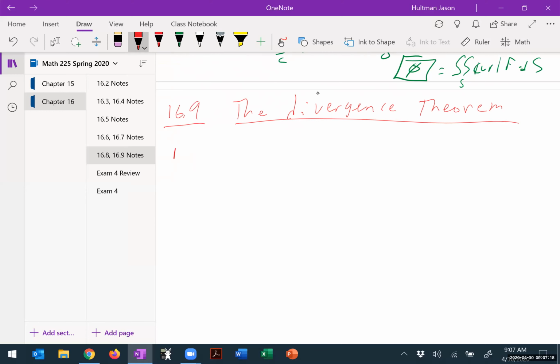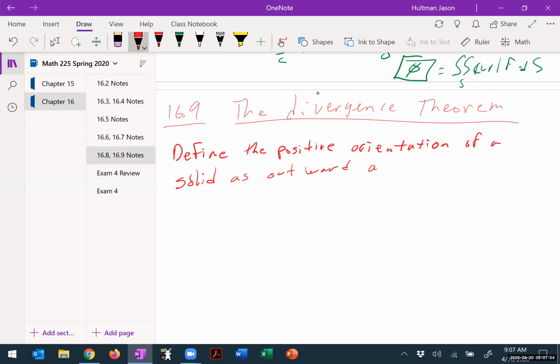So we're going to define the positive orientation of a solid as outward, and negative as inward.